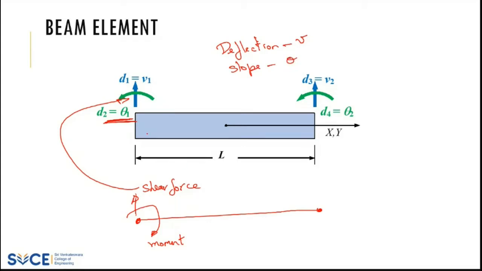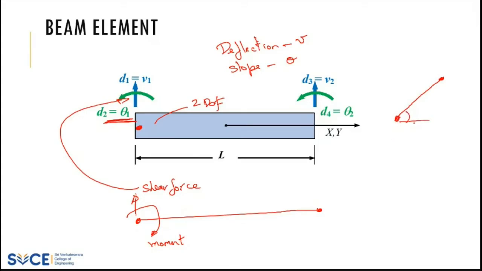Which means in one node, you have 2 degrees of freedom. In one node, we have 2 degrees of freedom: deflection and slope. Make sure the beam is horizontal. What do you think happens when it is inclined?